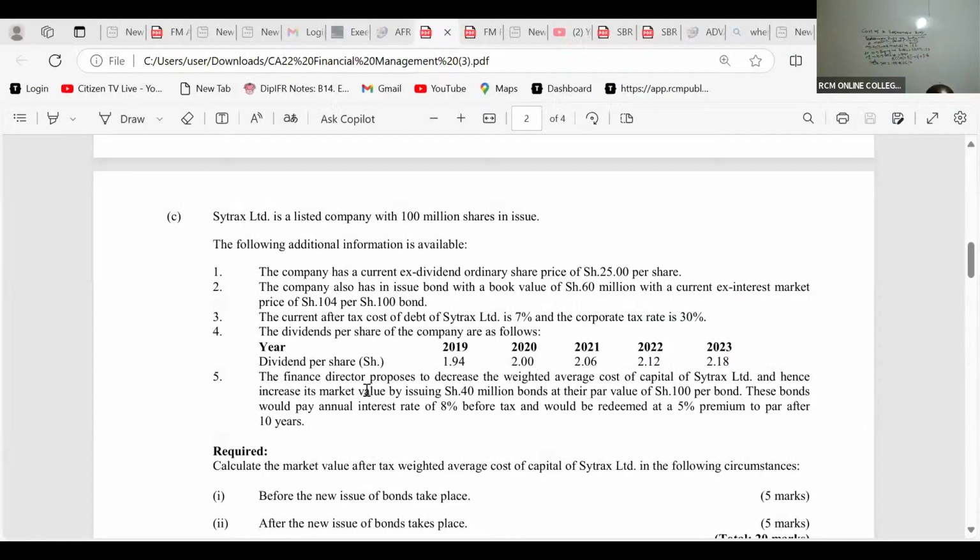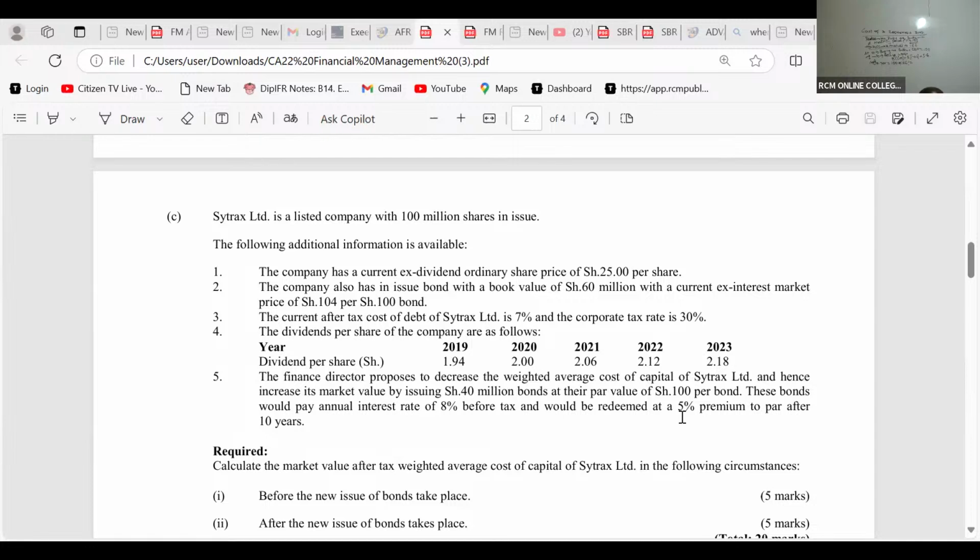Let me read this. The finance director proposes to decrease the WACC of Citrax Limited and hence increase its market value by issuing shillings 40 million bonds at their par value of shillings 100 per bond. These bonds would pay annual interest rate of 8% before tax and would be redeemed at a 5% premium, meaning over and above 100%.